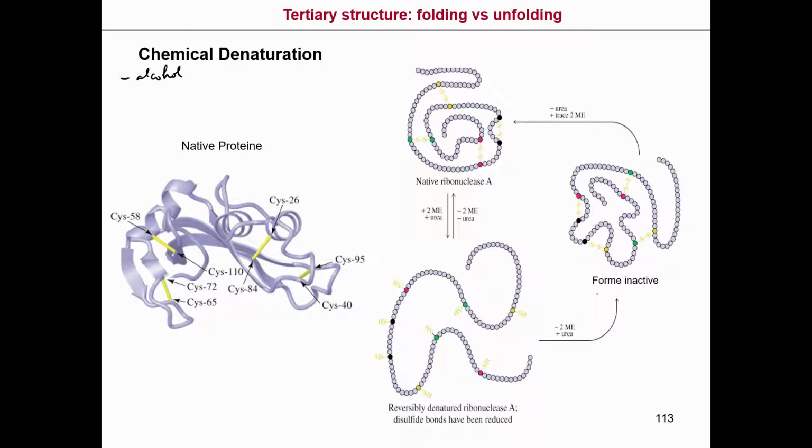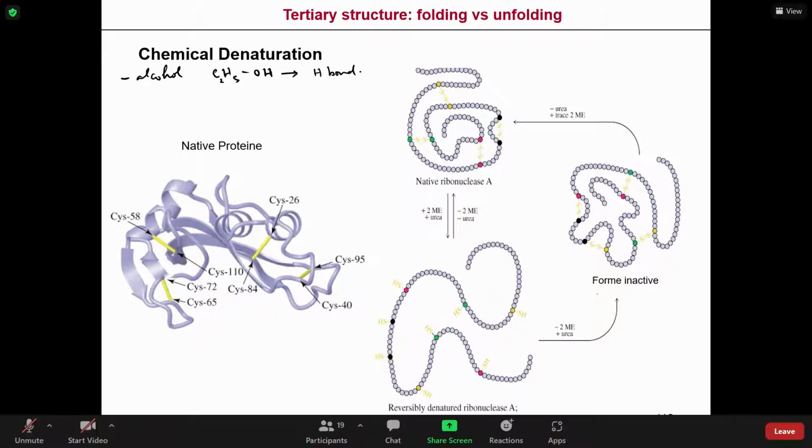I think it's a hydrogen bond. Yes, indeed, because alcohol, ethanol, has an OH group. So this OH group can form hydrogen bonds, so you will disrupt the H bonds. All the H bonds in your protein will be disrupted by the addition of alcohol.